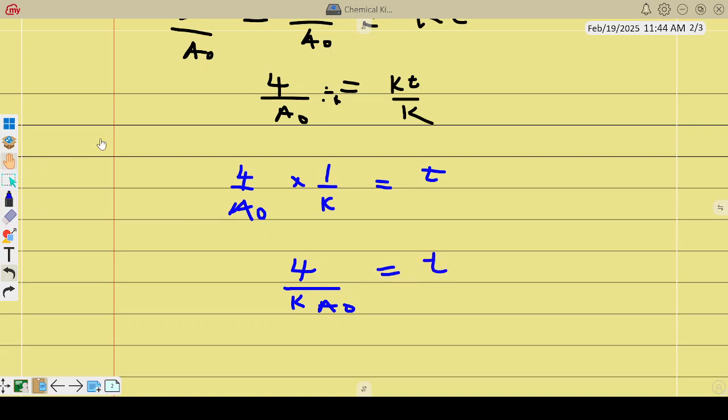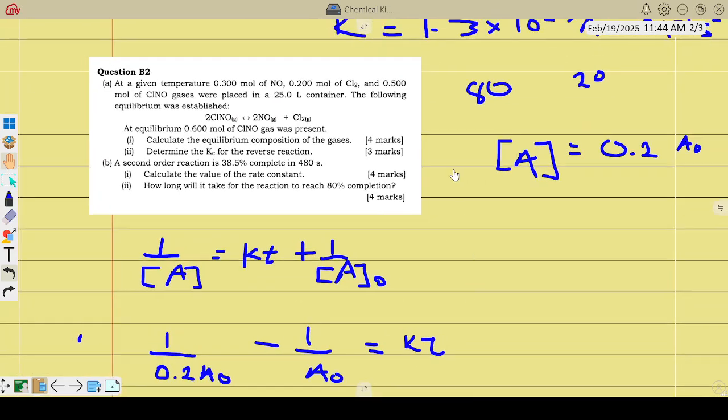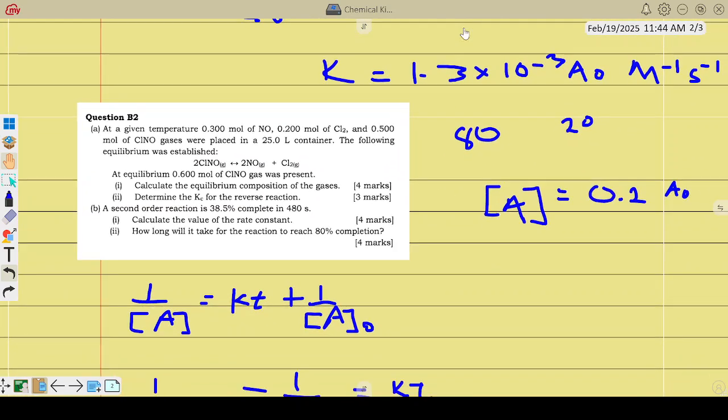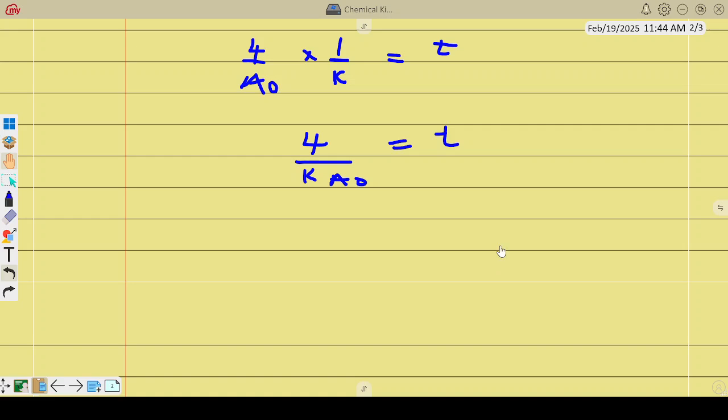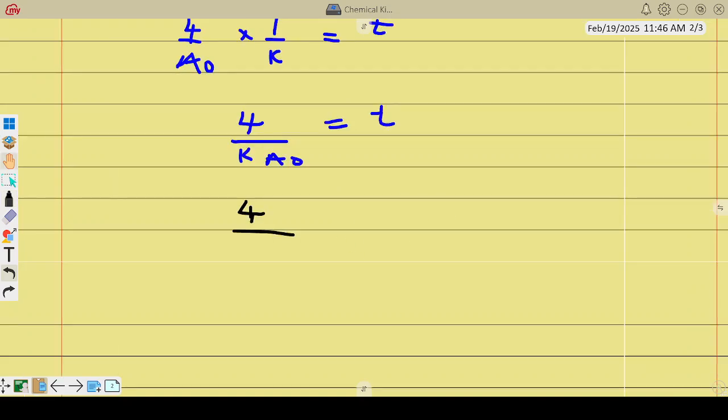So what is the rate constant? The rate constant, we found that funny answer 1.3 times 10 to the negative 3 a naught. So we're going to say 4 over, wait, so hold on.